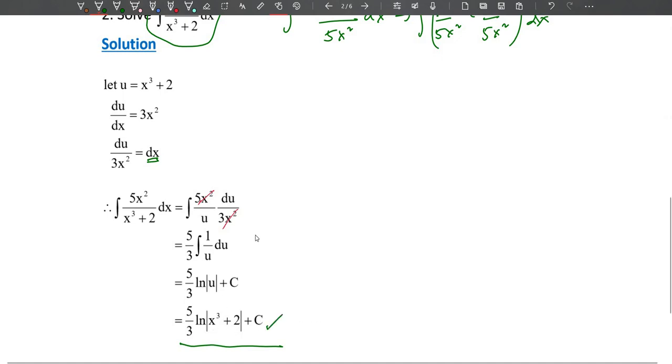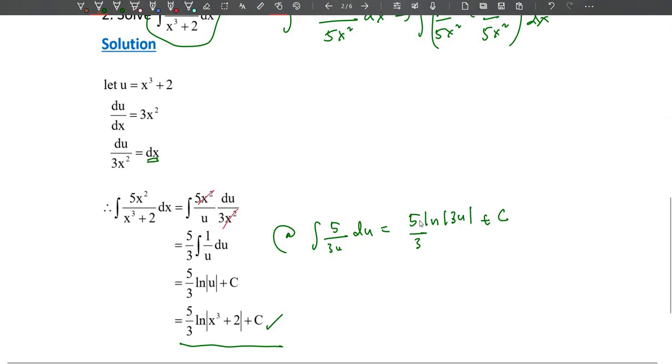Done. I would like to recall another thing when integrating for ln. Let's say you don't factorize the constant outside. This would be your integral. You can also integrate it into 5 ln(3u) over 3 plus c.